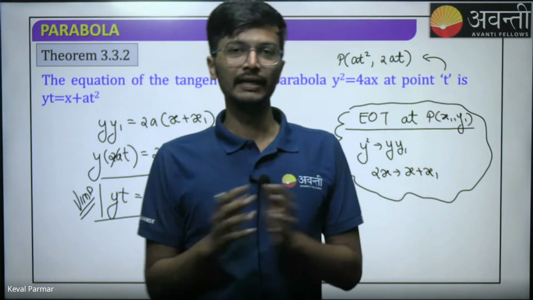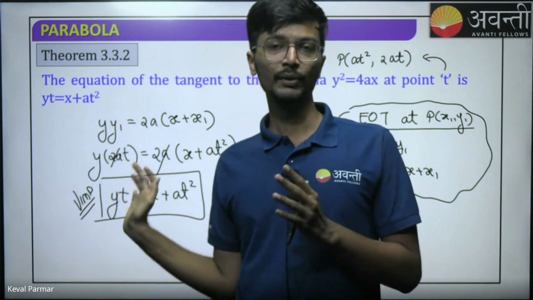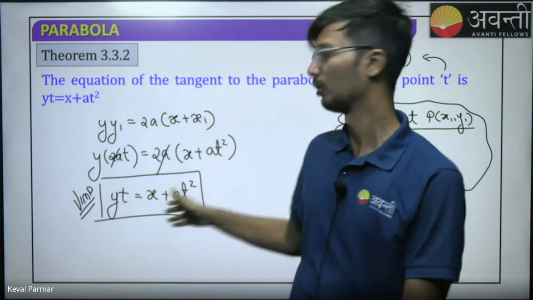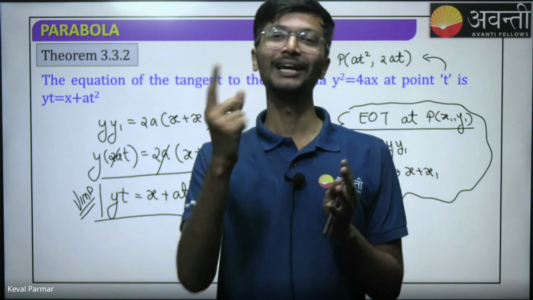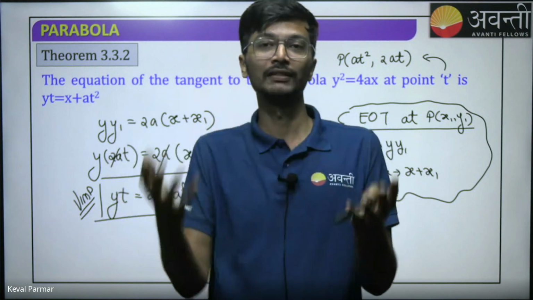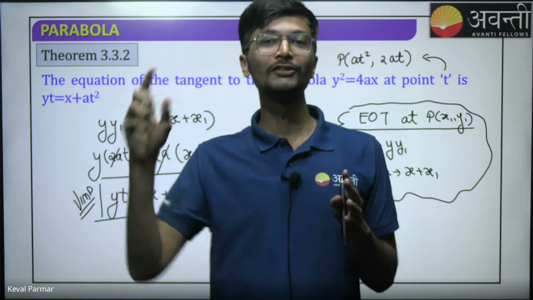Even if you don't remember the equation, we can easily derive it in less than 1 minute, as you saw. But it is better to remember the equation to save that 1 minute, because if you have given the JEE exam, or any MCQ test in your school, then you must know the importance of time.